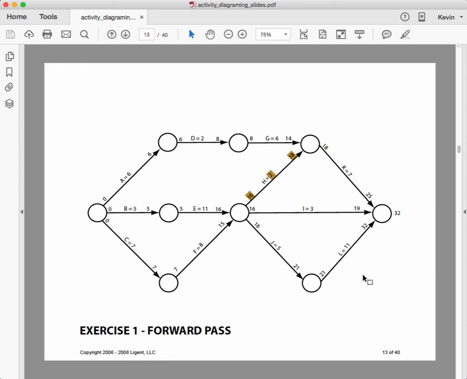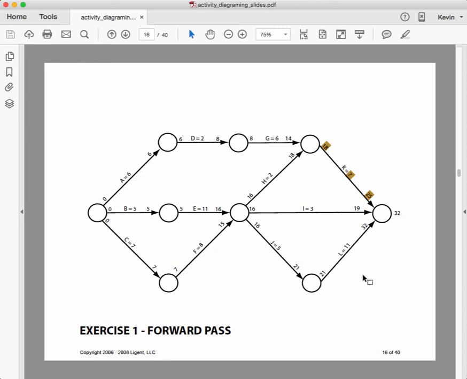So you can look on the right hand side, and you can see that the early start for H, I, and J are now 16. So for H, 16 plus 2 is 18. For I, 16 plus 3 is 19. For J, 16 plus 5 is 21.